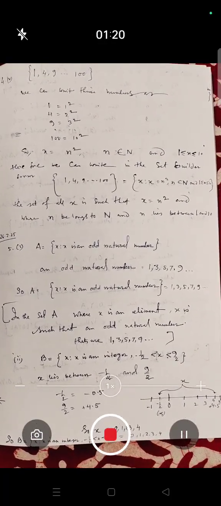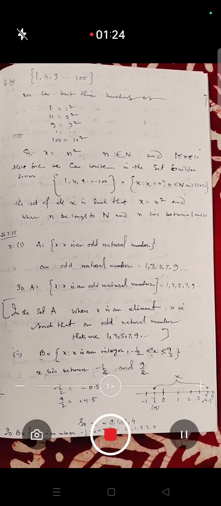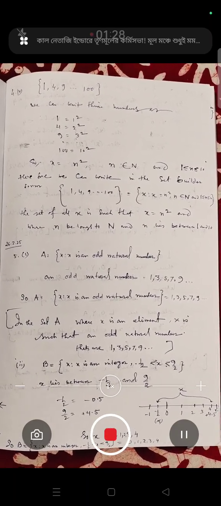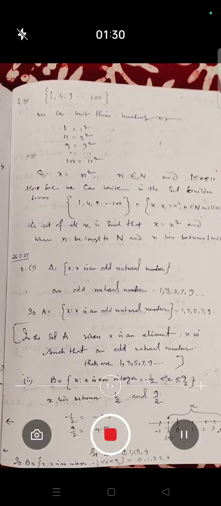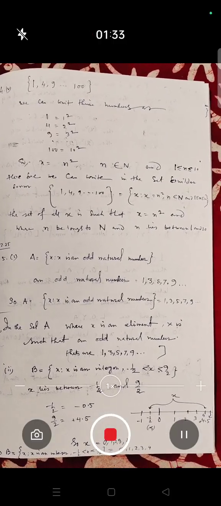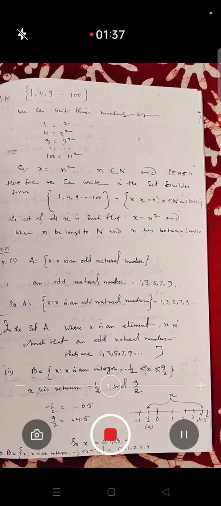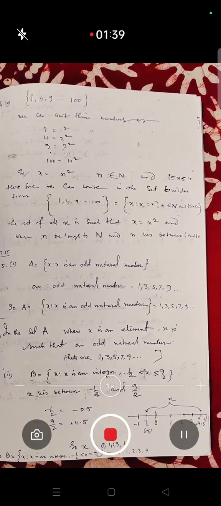Number 2. B is a set where x is an element of the set B and x is such that x is an integer, minus half less than x less than 9 by 2.